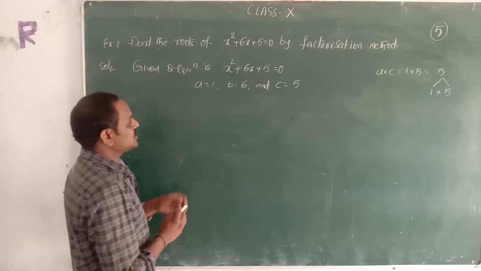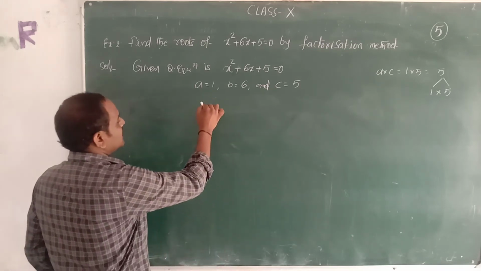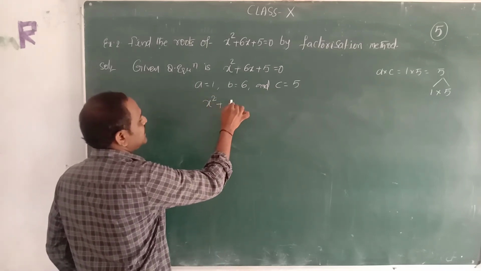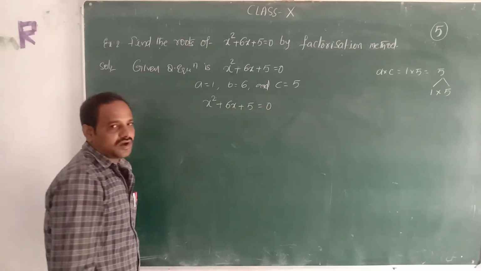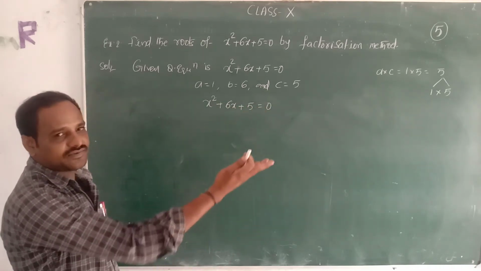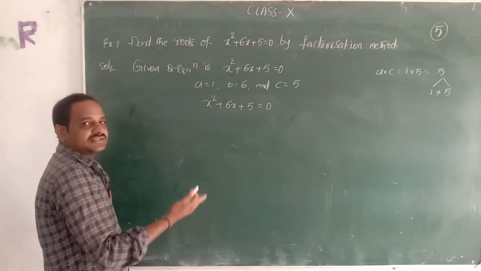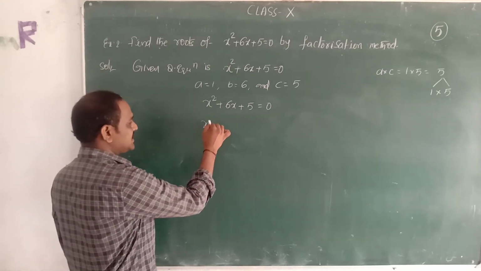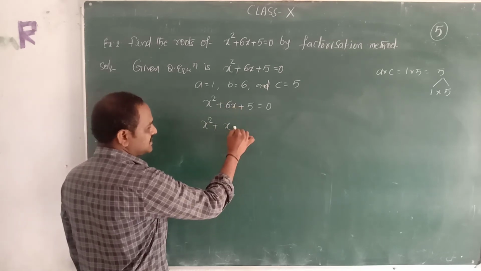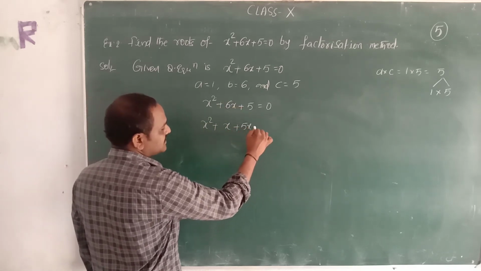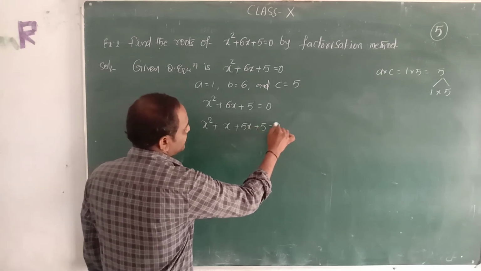Okay, so now we have to split the middle term 6x. How are we able to write it using 1 and 5? 1x plus 5x. That means x square plus, I am going to write this 6x as 1x plus 5x, plus 5 equal to 0.